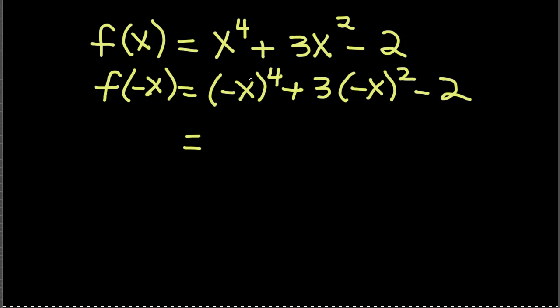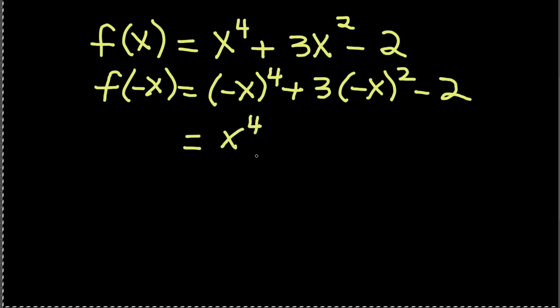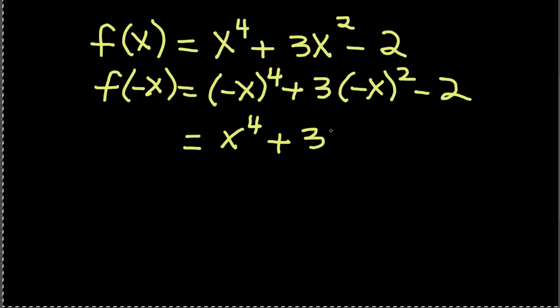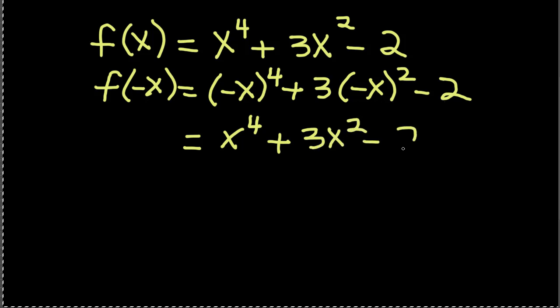So if I have even exponents here, that means that the negative will go away. Negative times negative times negative times negative. Same thing here, an even number, the negative goes away. And there is no exponent there, so just minus 2.